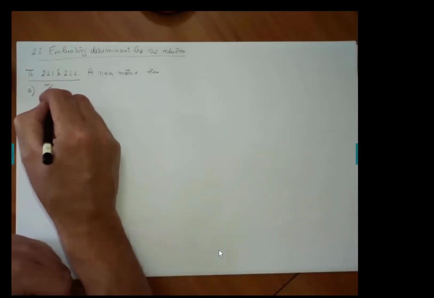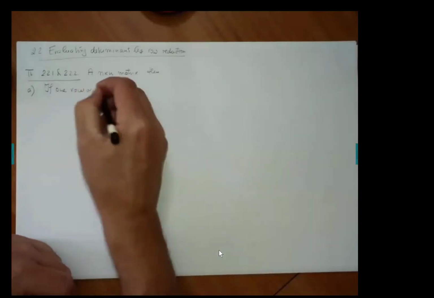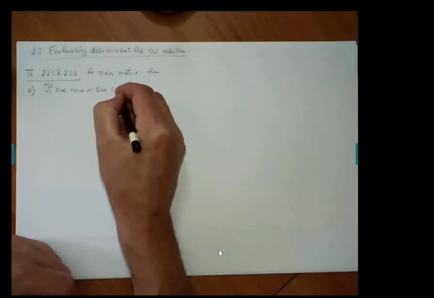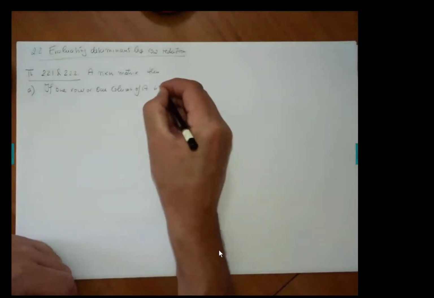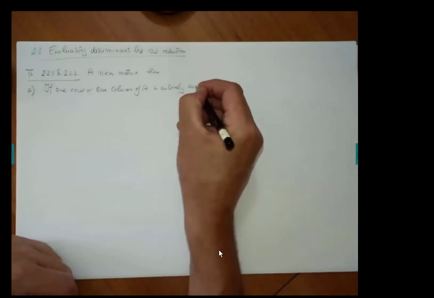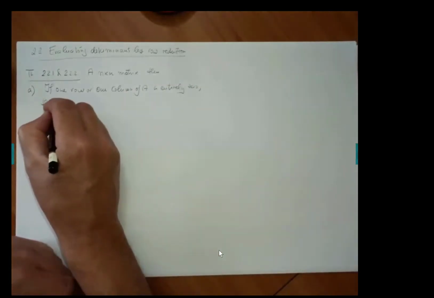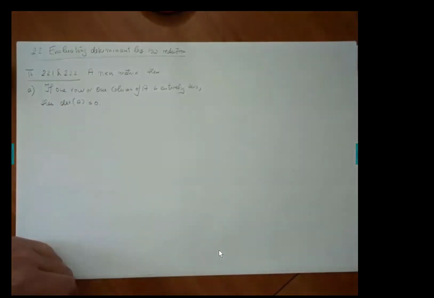So if one row or one column of A is entirely 0, then the determinant of A is 0.